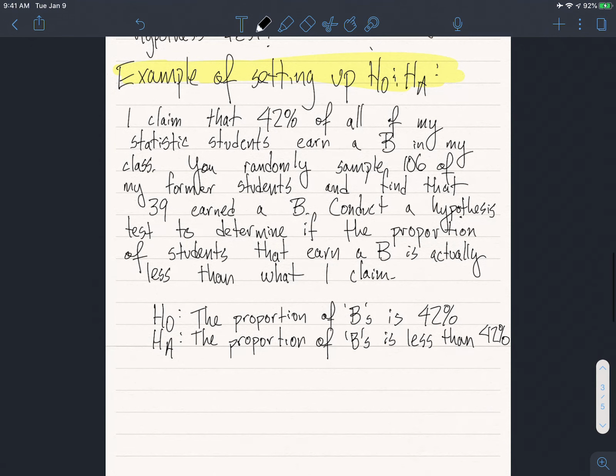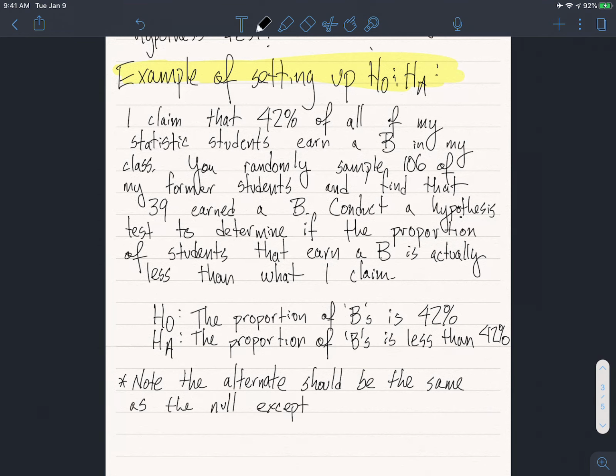And the alternate, it's worth noting, note, the alternate should be the same as the null, except instead of an equality, we should have an inequality.